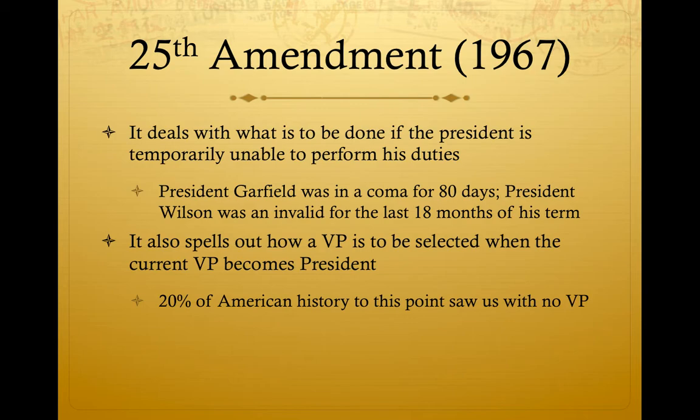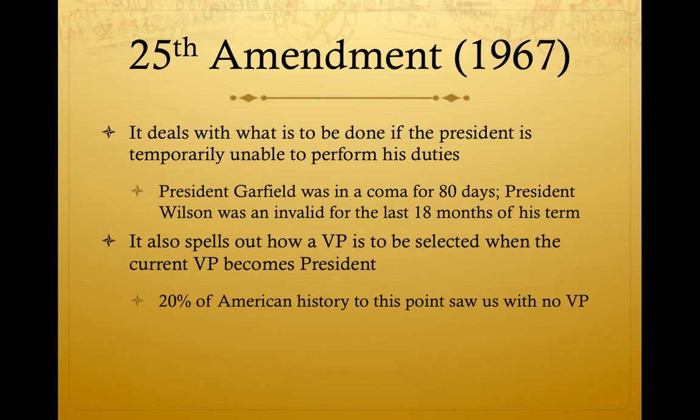President Garfield was shot, and he was in a coma for 80 days before he finally died. In that 80 days, it was unclear who the president of the United States was. Was it the vice president? Did we have to have a new election? If the president is alive but unable to do his job, who becomes president? The 25th Amendment states very clearly it is the vice president.